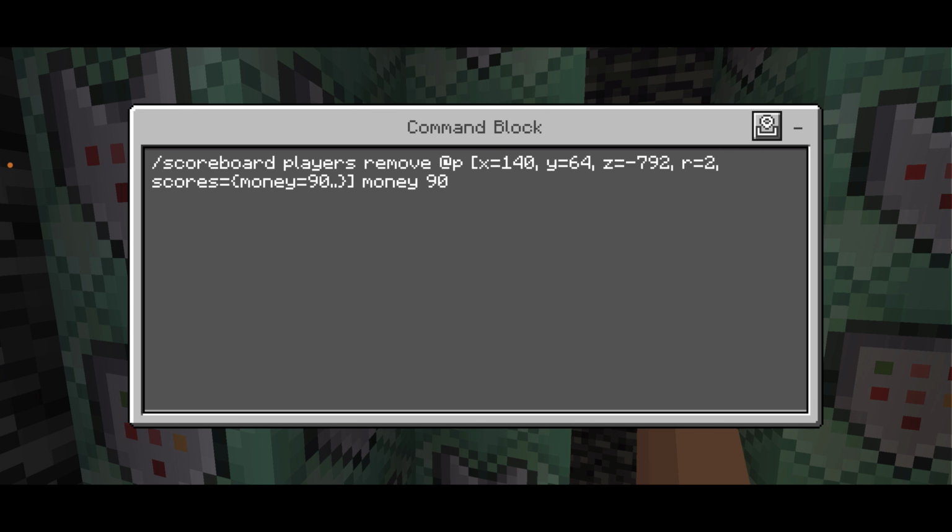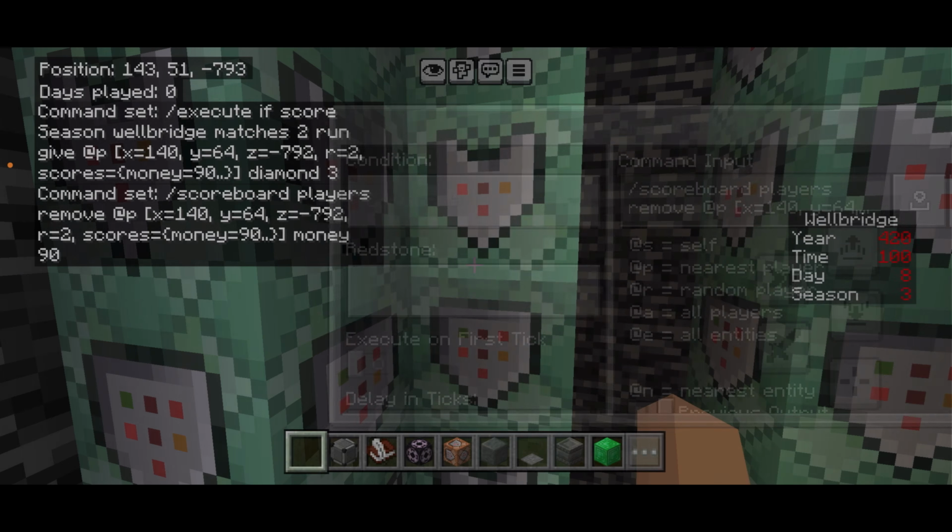Perfect. Scoreboard players remove at P the coordinates R equals 2, scores equals money equals 90. Money 90. Perfect. Moving on.